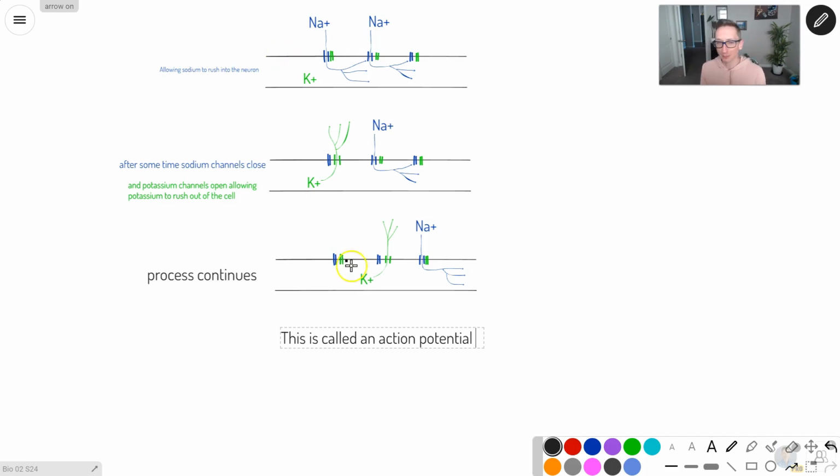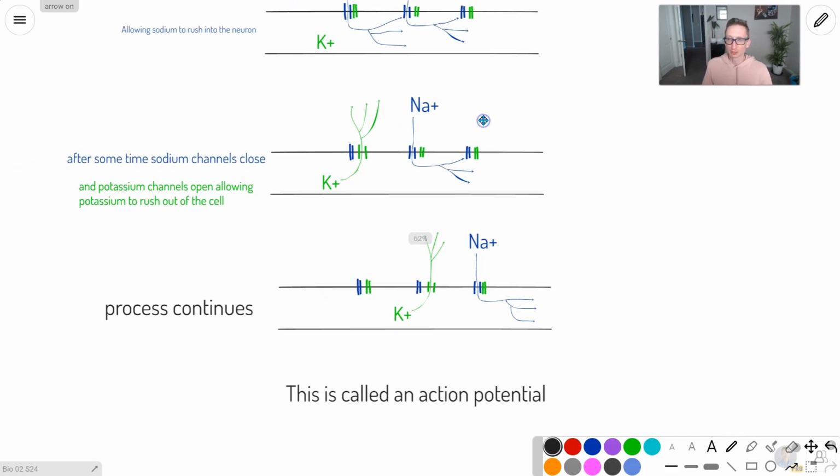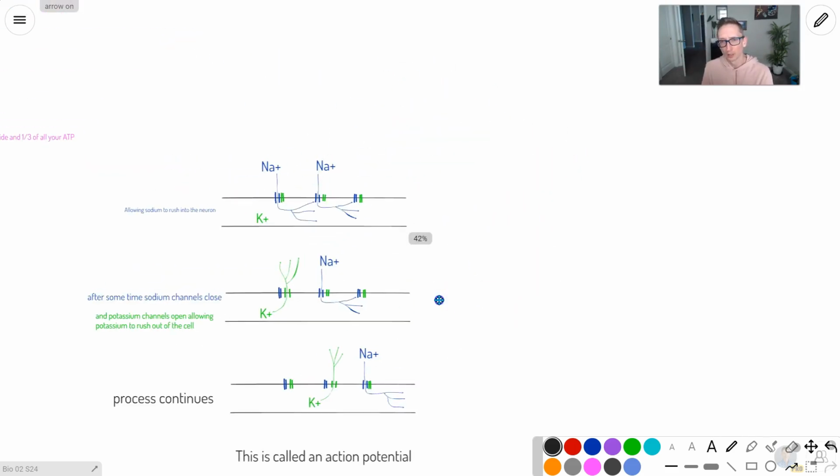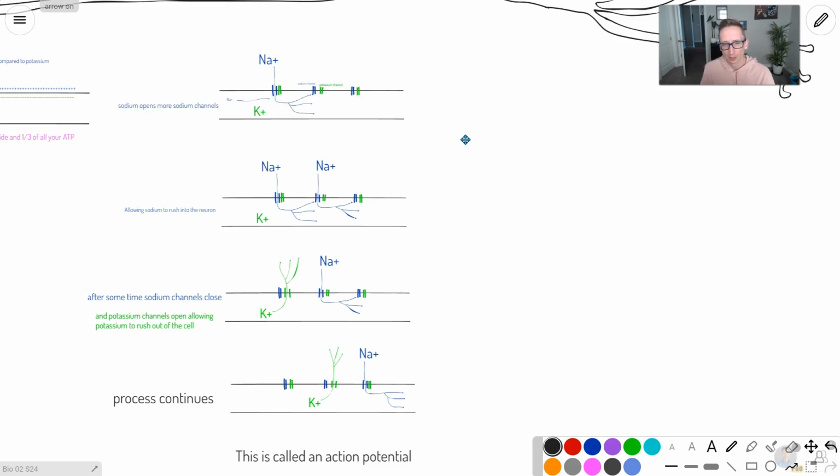You can think of this as chemical or mechanical, because there's opening and closing of channels, and there's mechanical movement of chemicals, of atoms. It's chemistry. So you can think of both of those occurring. And it's a propagation, a wave. One wave of sodium followed by a wave of potassium.